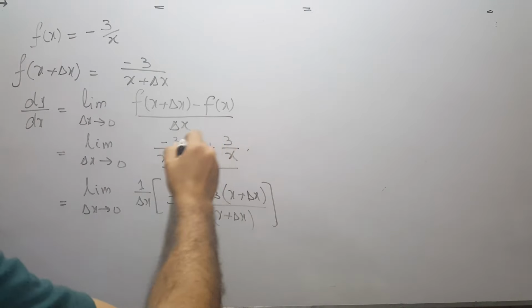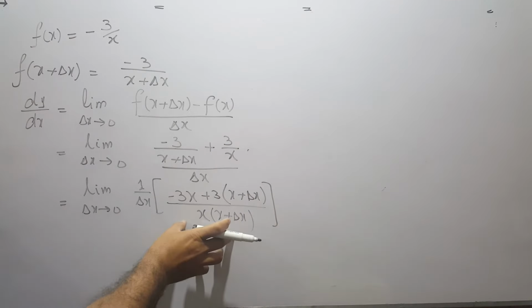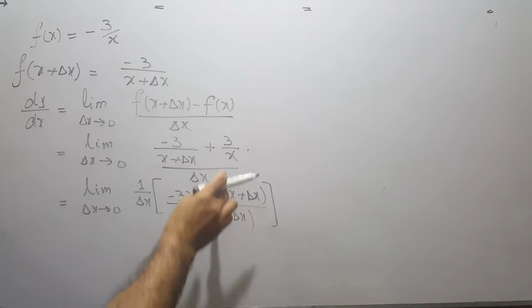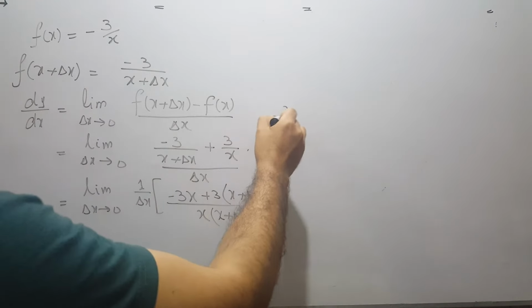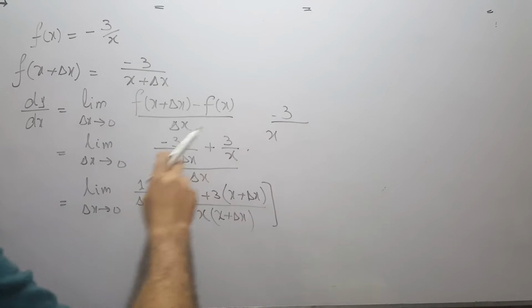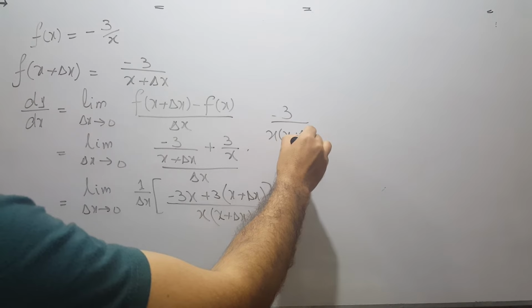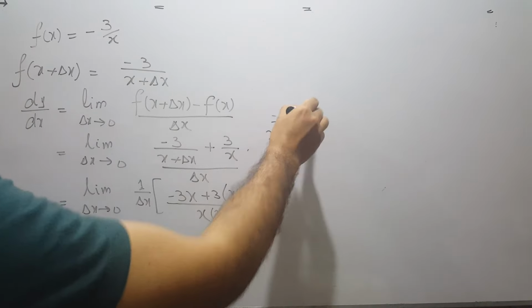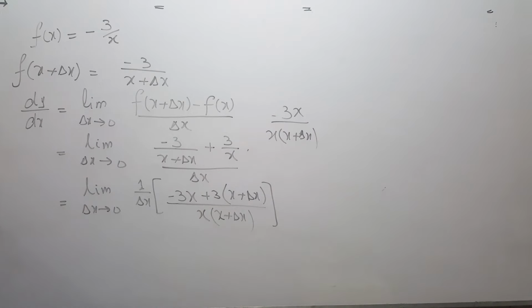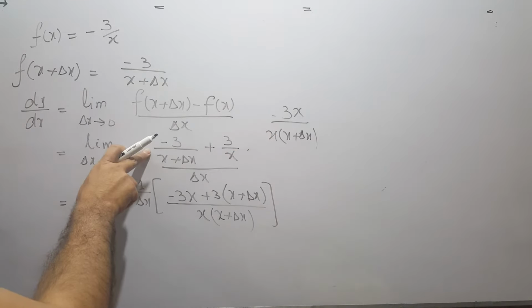If you want to use the LCM method, it is actually to have the same type of denominator. So how do we make the same type? If I multiply this by x, I did something extra in the denominator, so the same I have to do in the numerator. So if I cancel this and this, then again I will get this thing.